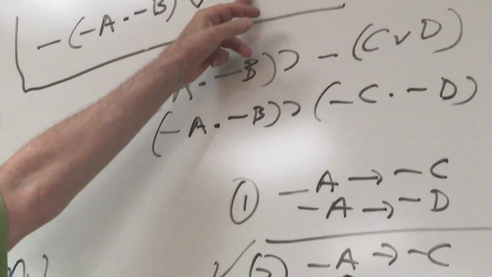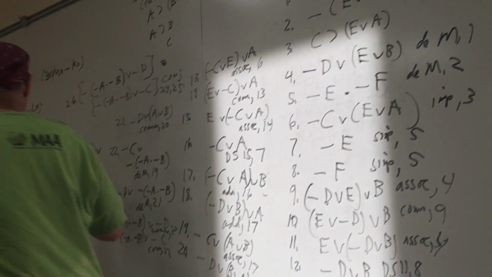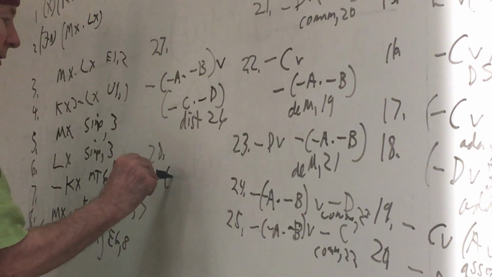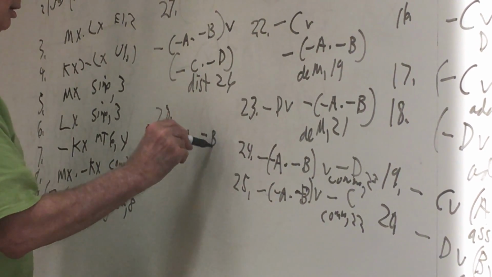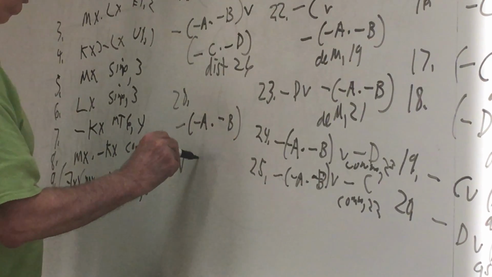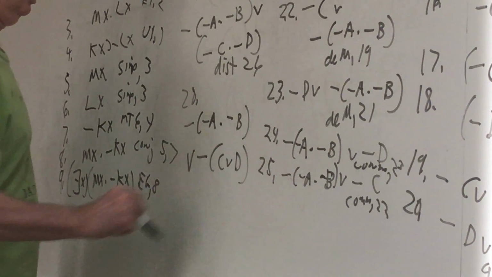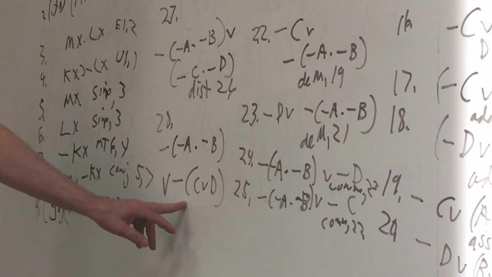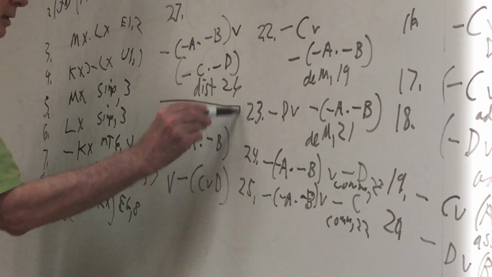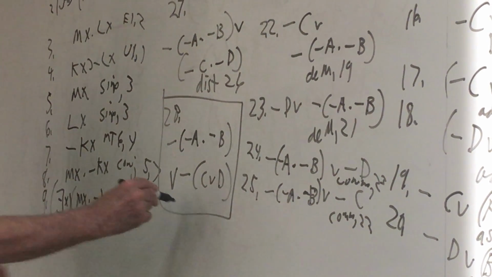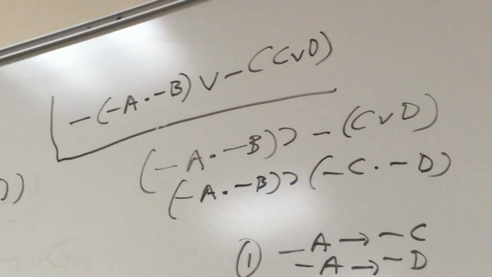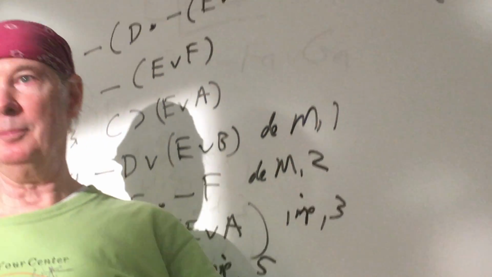I can change this thing into, and that's just De Morgan on 27, and I now have this. And so that's the problem.